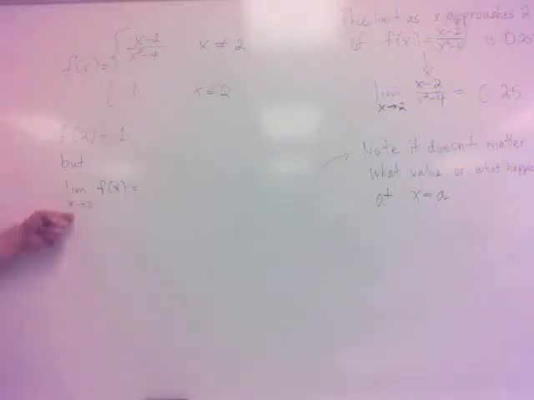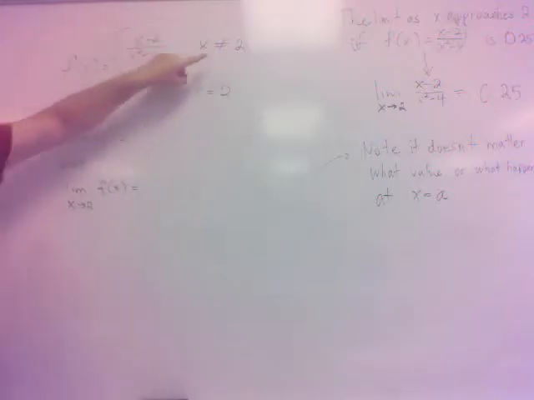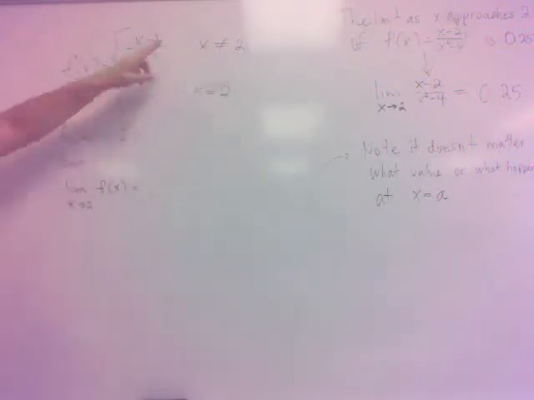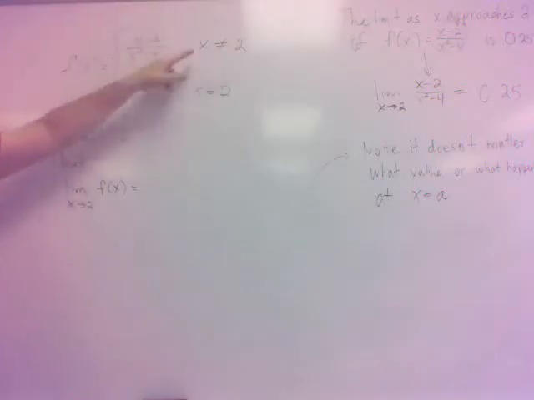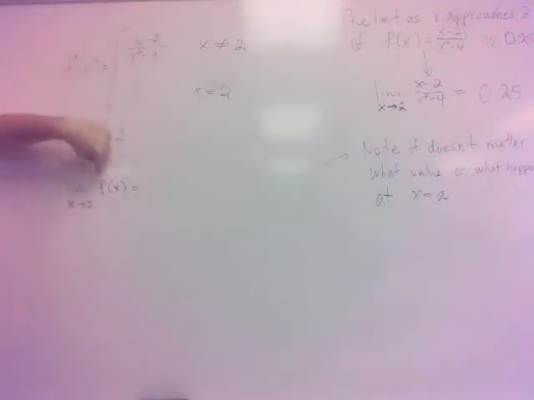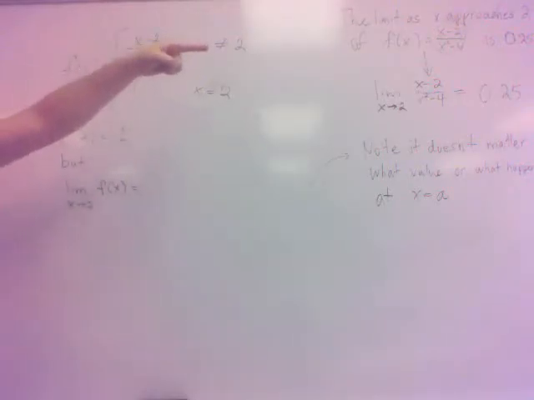Because as x approaches 2, we're talking about this one, aren't we? Because as x approaches 2, we're in this range. X is not 2. As we approach 2, x is not equal to 2, right? So as x approaches 2, we're in this range. Well, we already know what happens as x approaches 2 by the table that we did. So what's this limit? It's still 0.25, isn't it?